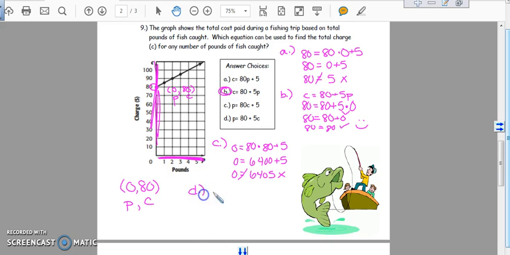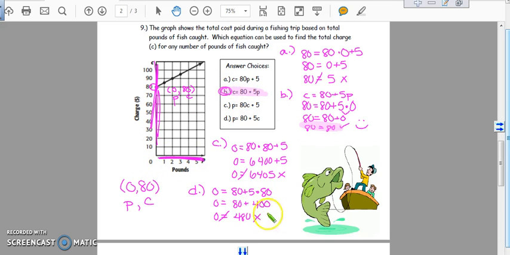And finally D. I have P, which is 0, equals 80 plus 5 times my C, which we said was 80. So 0 equals 80 plus 5 times 80 is 400. So 0 equals 480. Nope, that does not work. So when it works out, that means that equation is my answer.